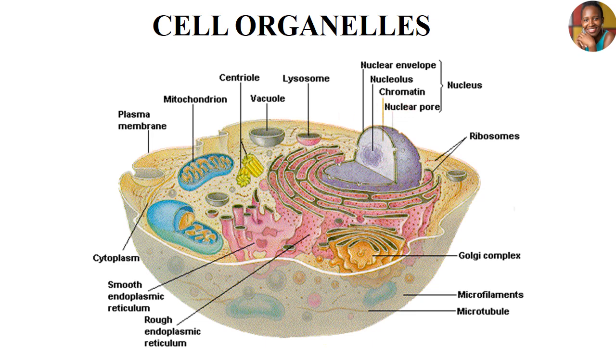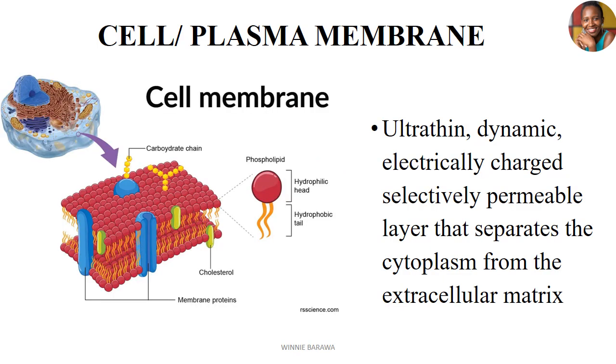We have vacuoles, very key elements for transportation, and the lysosomes are very important for the lytic enzyme to just kill any harmful materials or destroy any tired or worn out cells. So this order here is very important.